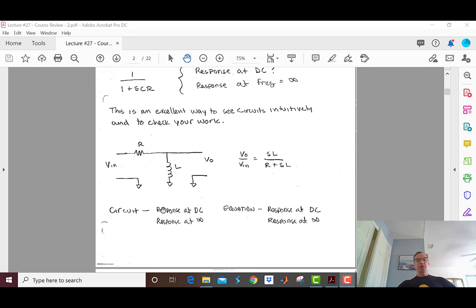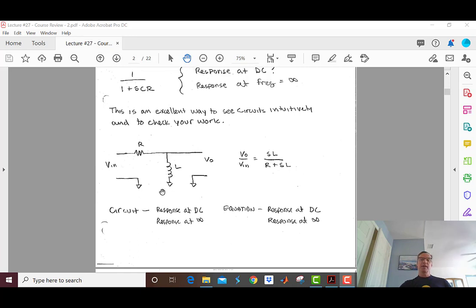From the circuit, our response at DC is going to be 0 because I know I have no voltage across this inductor at DC. The impedance of the inductor is j omega L, and omega is 0, so the impedance will be 0, so it'll be a short circuit.